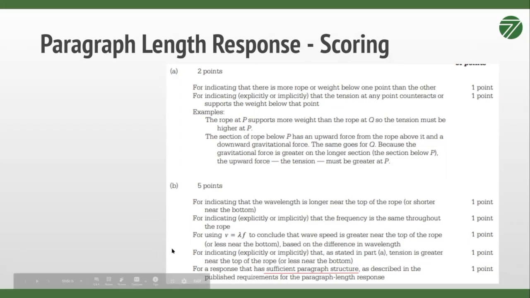So I wanted to highlight that they give you a point here for sufficient paragraph structure. So what does that mean? Basically, it means that there's a paragraph, right? So you would want an introductory sentence, your information, and a concluding sentence, and that would be plenty.